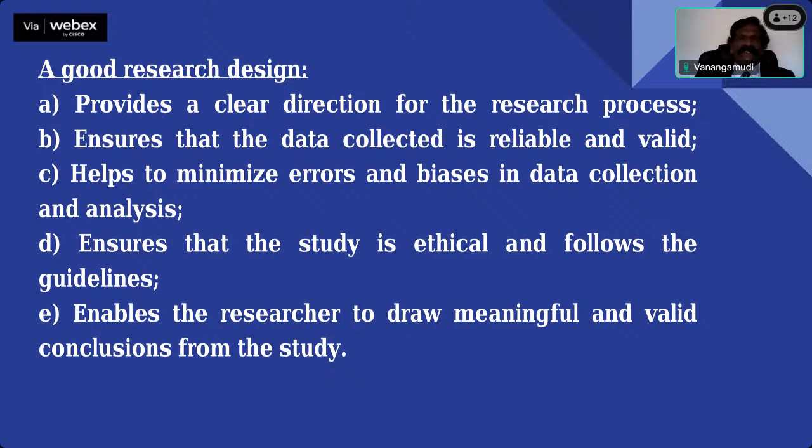Then the third one, Con, is control of the extraneous variable. What I mean by extraneous variable is this: in research there are so many variables, and these variables may influence the particular research. It is the most important duty of the researcher to control all other variables. He must allow only the experimental variable to influence.